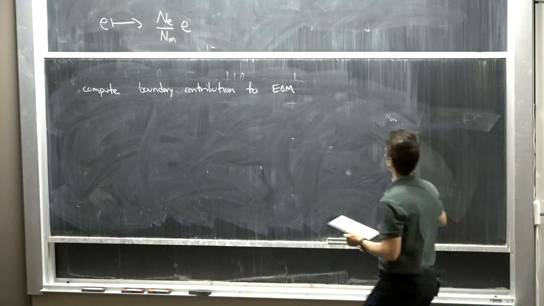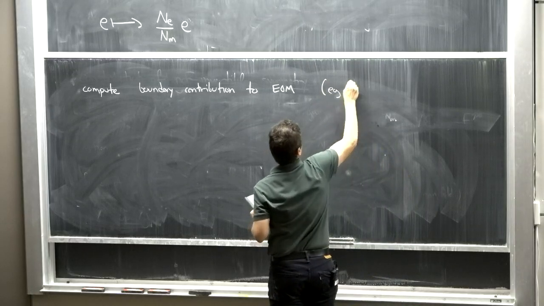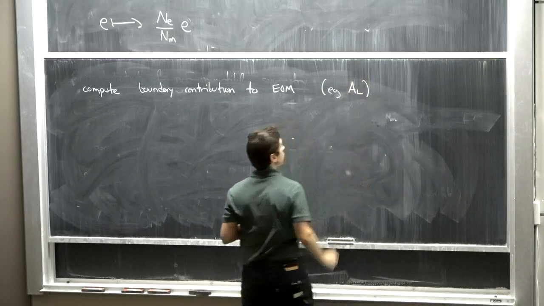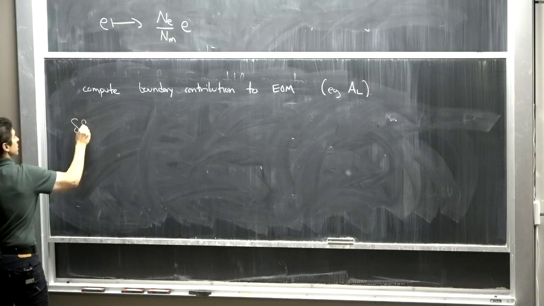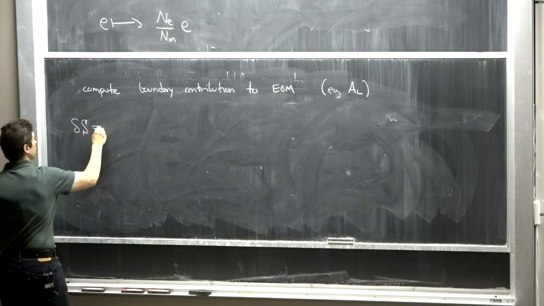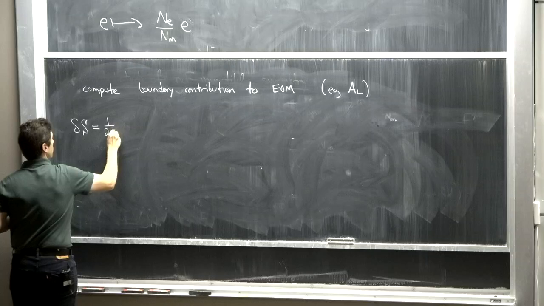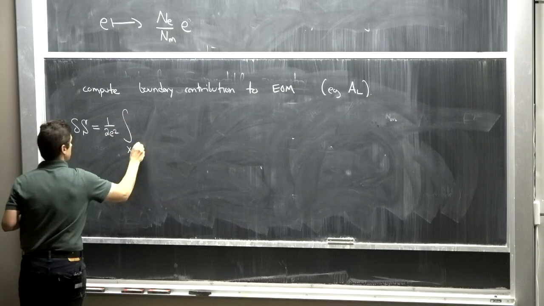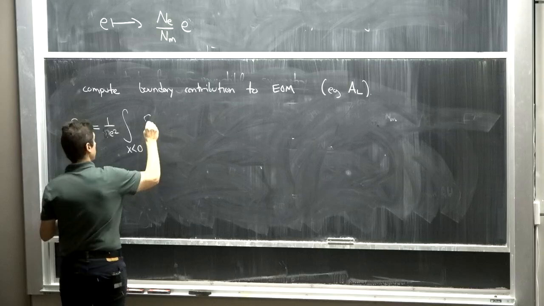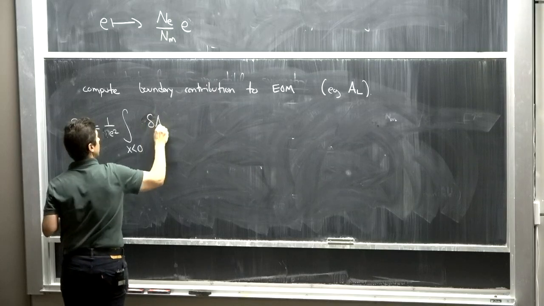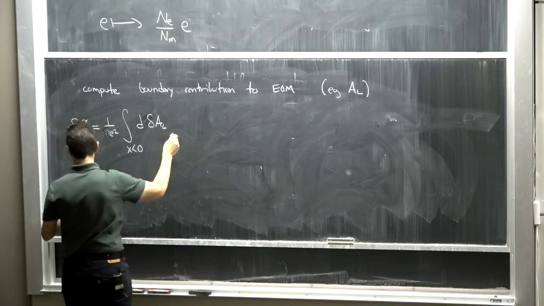Okay. So for instance, if I vary with respect to A left, I find delta S is 1 over 2e squared integral x less than 0. Sorry, the 2 goes away because there's 2 of them. Here's the variation.